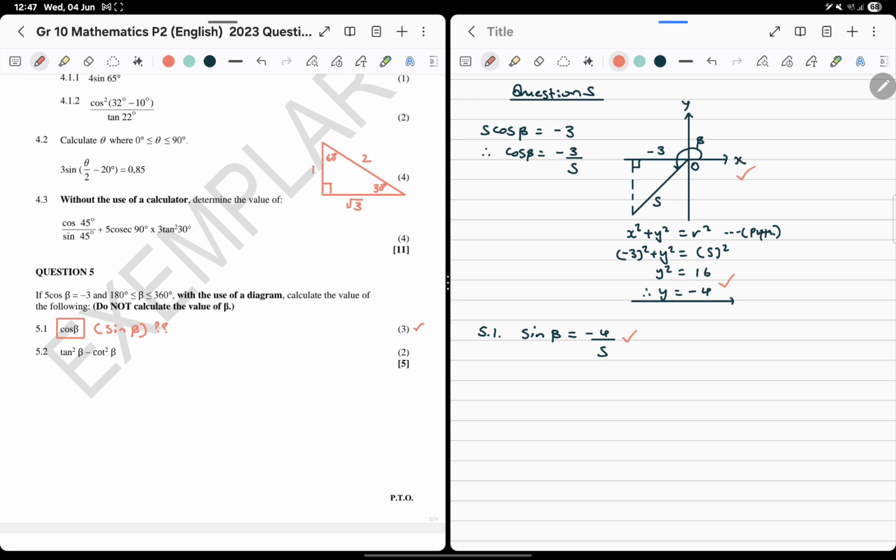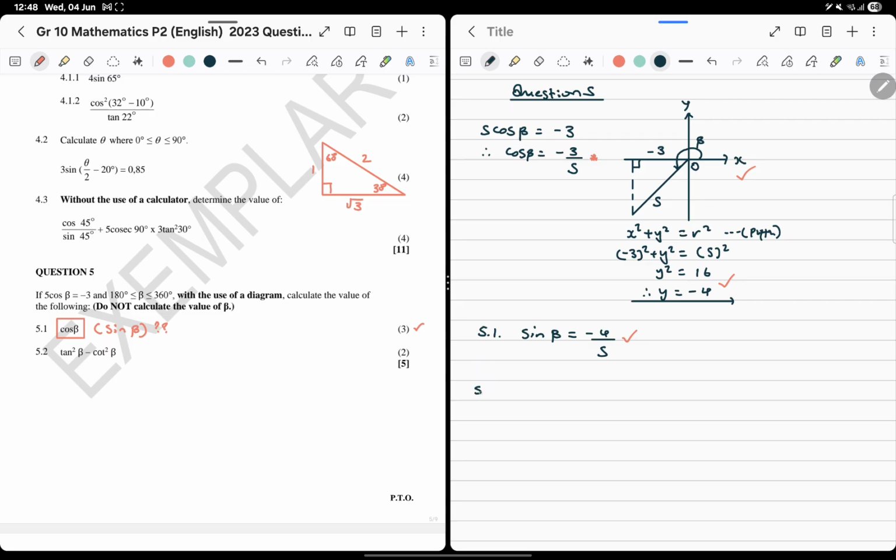Or one could even consider cos beta as perhaps the way we got our answer. Right, so this 3 marks is good for that question, but not for cos beta, not at all.